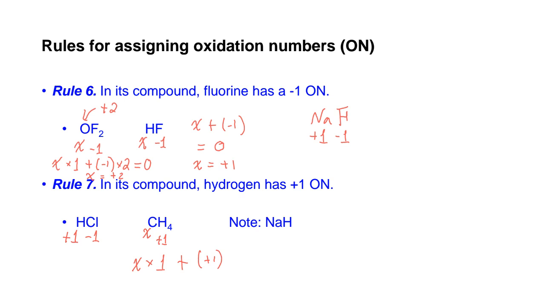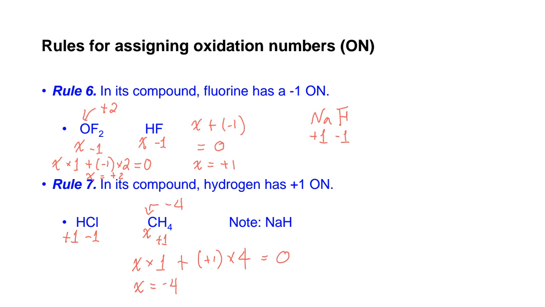How many hydrogen atoms do we have? We have 4, so we multiply by 4 here. This sum will be 0 because CH4 doesn't have any charge. It is not a polyatomic ion. If you solve for X, it must be -4. So the oxidation number of carbon in this case is -4.